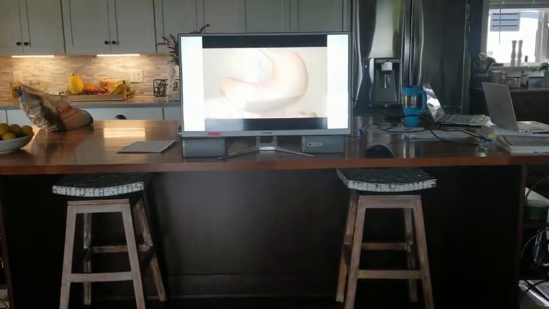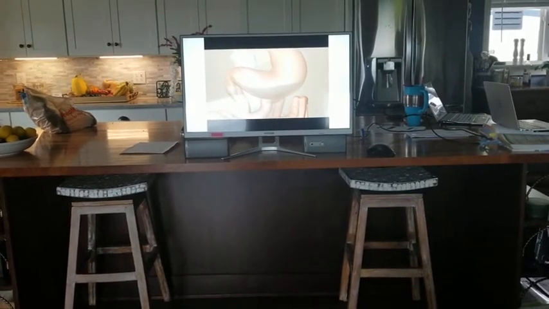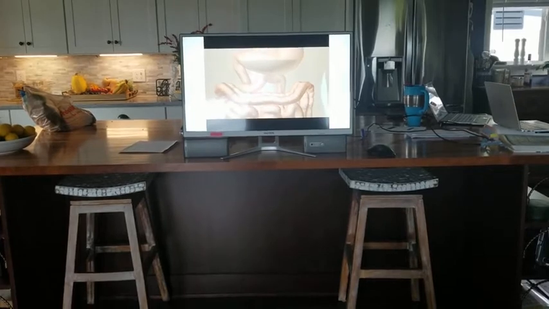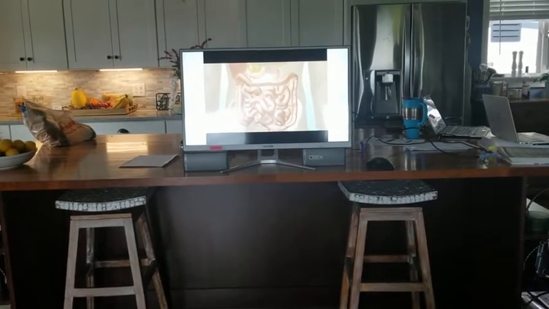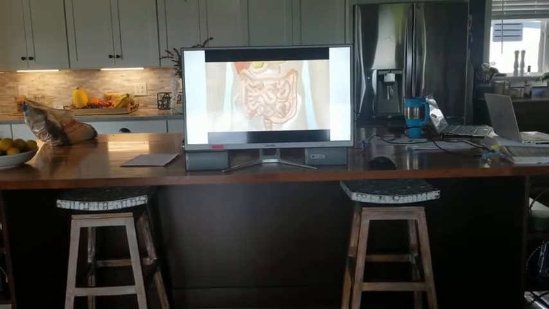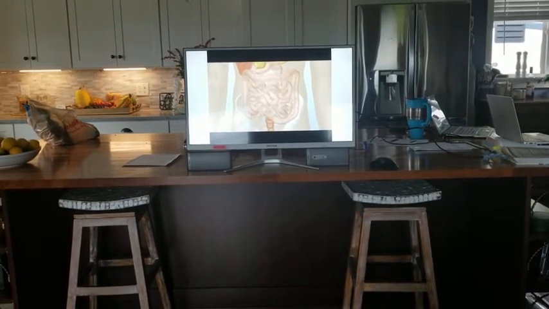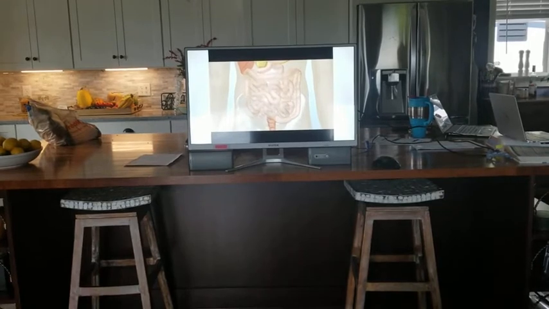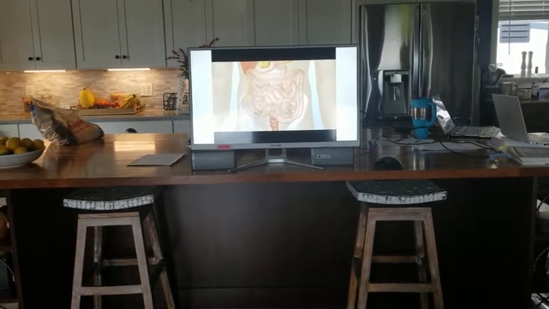The now liquid food is passed on to the small intestine, where the nutrients are absorbed and digested. In the large intestine, also called the colon, water and salts are absorbed, causing the waste products to become firmer and turn into stool.